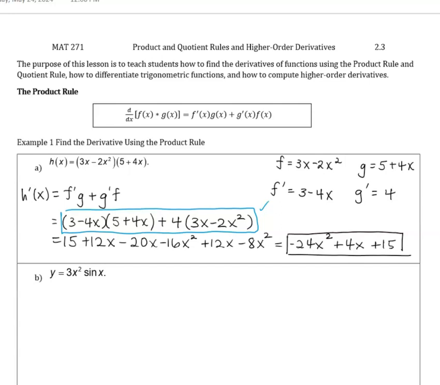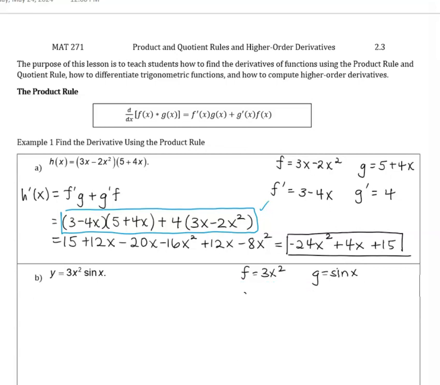Looking at example 1b, we are again presented with a product. We have two functions being multiplied together. In this case, those two functions are 3x squared and sine x. So I have identified my f and my g for the product rule.